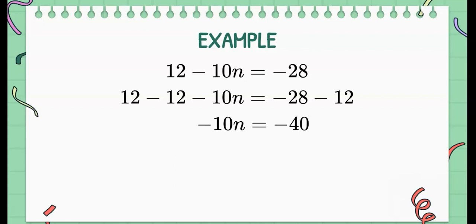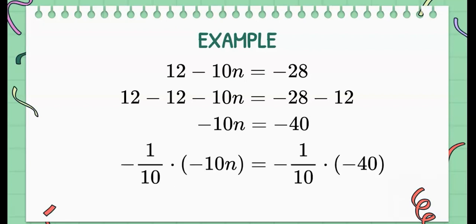In this case, the reciprocal of negative 10 is negative 1 over 10. I'm going to multiply negative 1 over 10 on both sides of the equation. Negative 1 over 10 times negative 10, since these are reciprocals, will cancel out, leaving us with a coefficient of 1, or just the variable n.